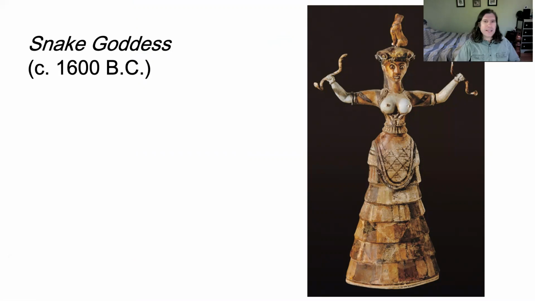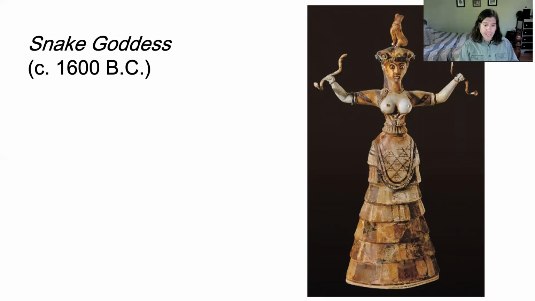But given the snakes, which are phallus symbols, given the exposed breasts, this seems clearly to be some kind of symbol of fertility, or perhaps a fertility goddess in some way. But beyond that, it's very hard to say.